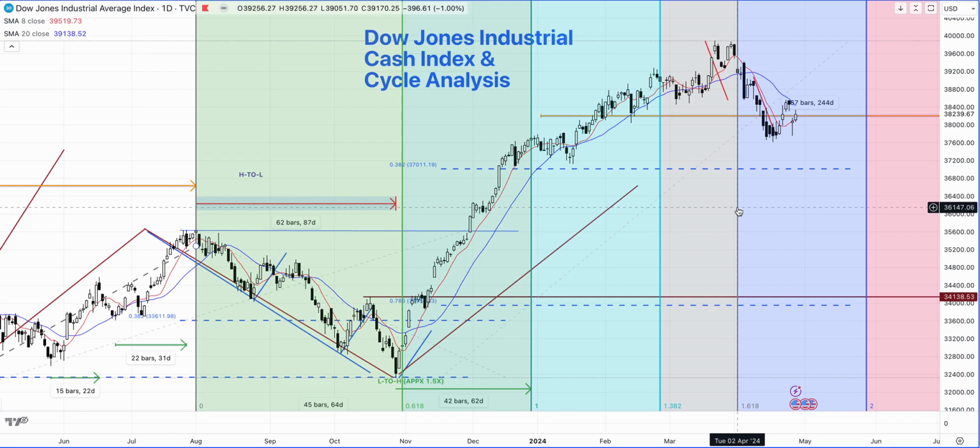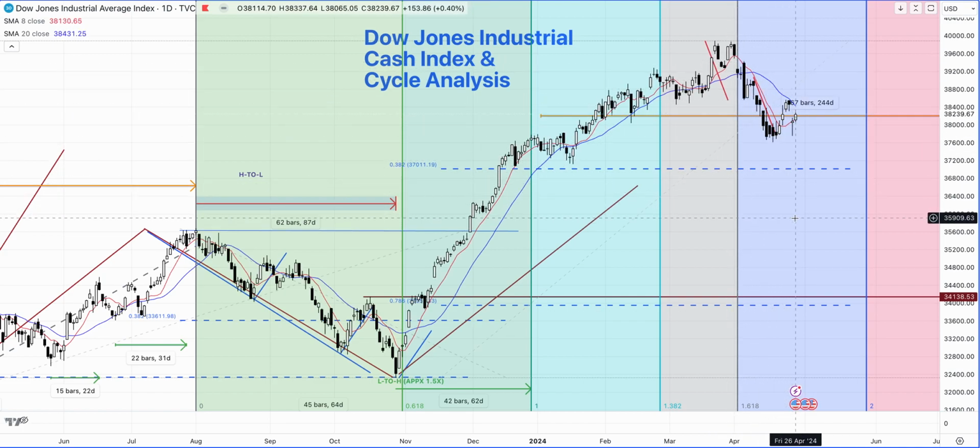So this 2nd of April date, which is actually the 1.618 Fibonacci external extension on the time axis, proved to be a really key one, because just before that, on Thursday 28th, the market had formed a double top, and the following Monday 1st of April we had a negative close, and then the market started a correction.